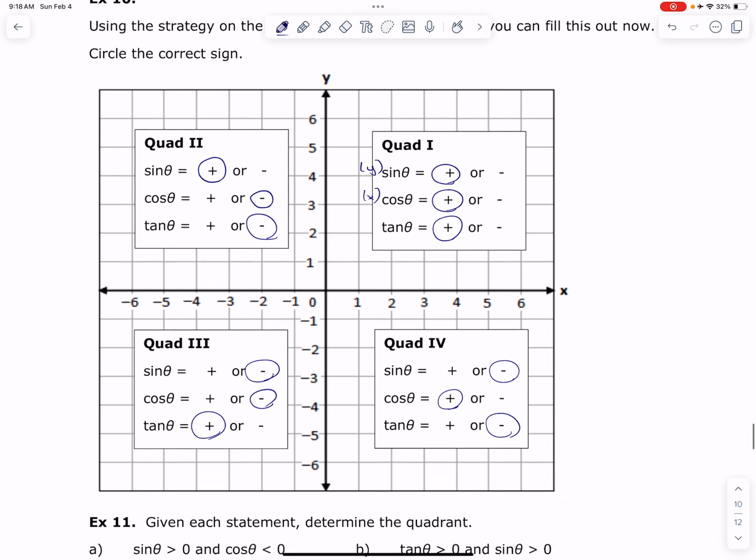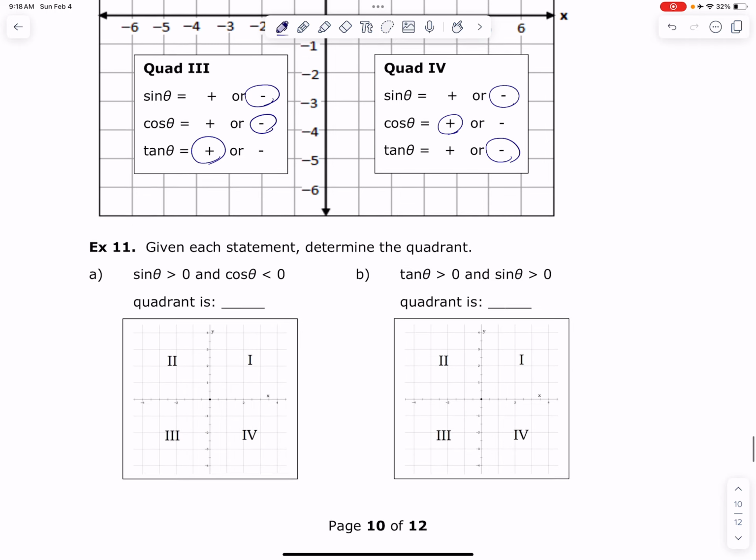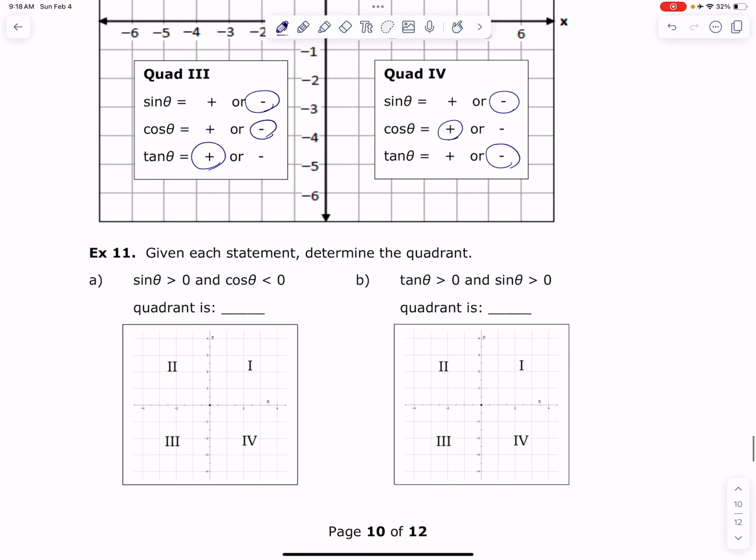Example 11. We want to use the statements that were given, figure out where this is true, which quadrant this happens in. So here it says the sine of theta is positive. Sine is y, and our y is positive in quadrants 1 and 2.